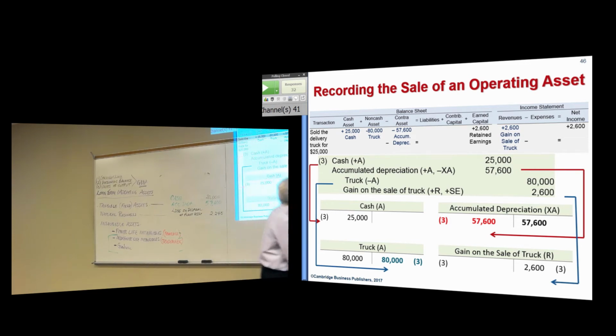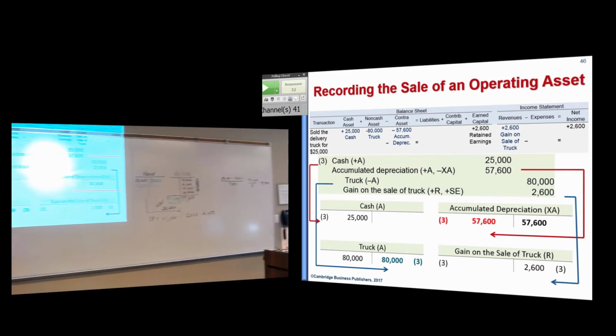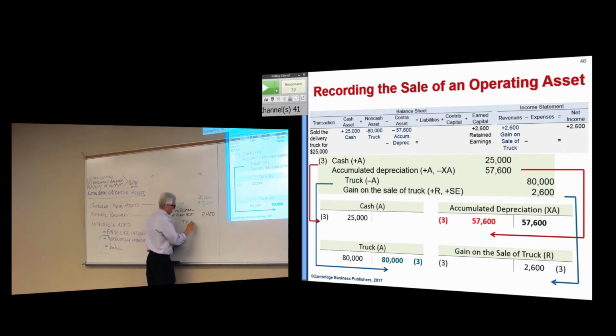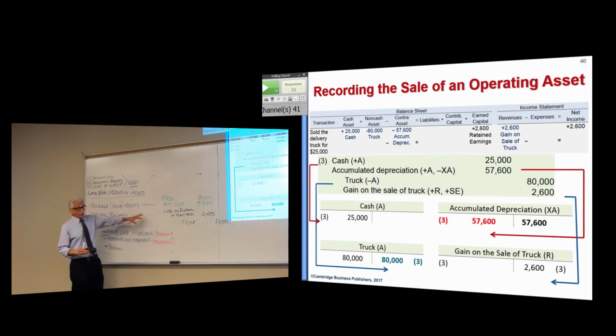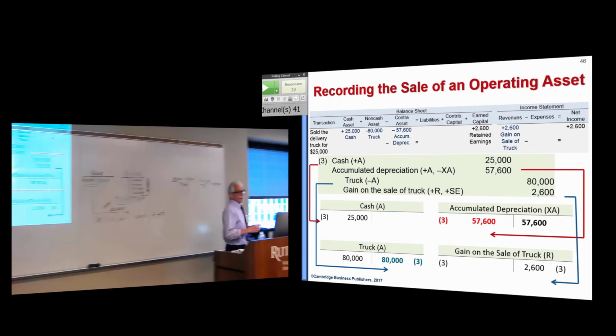It should be 20,000. All right, so loss is 2.4. And of course, the truck is still at 80. So loss is debited like an expense. And of course, you remove the truck, the accumulated, which is the book value, and then record the cash, and then the loss is due.